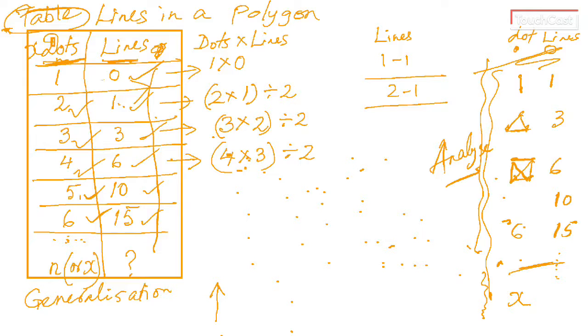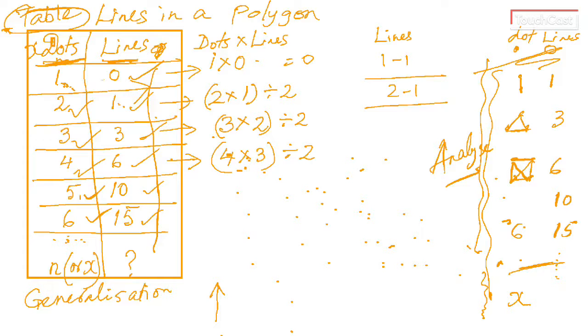I am showing you another method. Look at this. If I multiply the number of dots by 0, well, that will give you 0, but that is not conclusive.